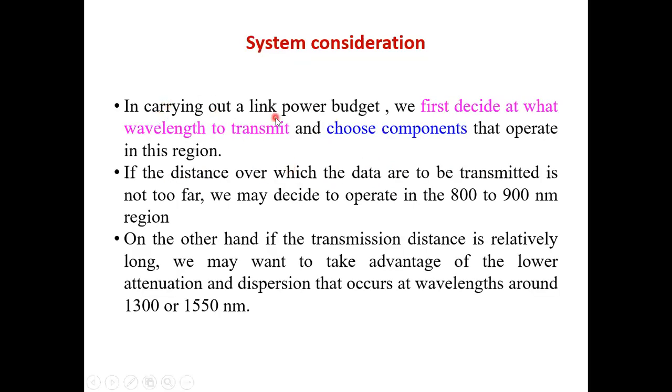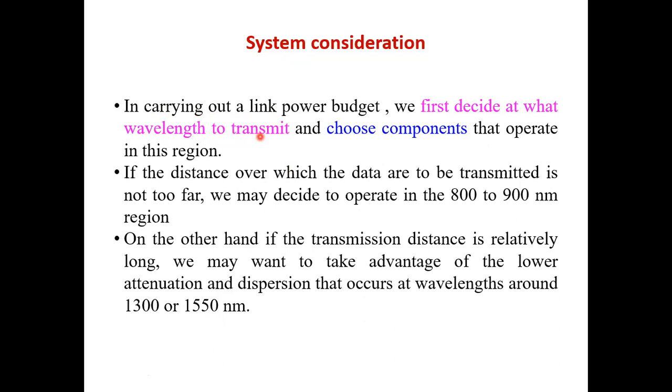Okay. So I want to do a power budgeting. What is the first thing that you will do as a system designer? The first thing you will decide is at what wavelength you want to transmit, whether you will work at the first, second, or third optical window. So the first thing I need to decide is the wavelength.